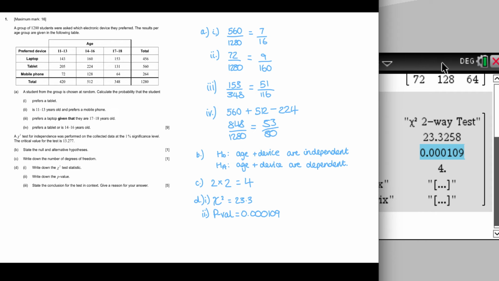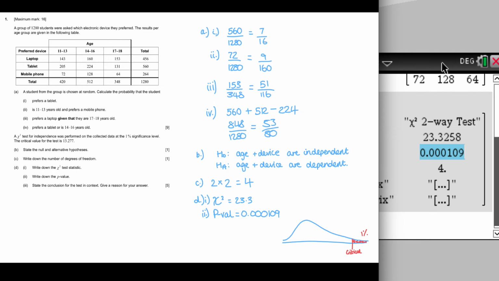And then lastly, I need to make a conclusion as to which hypothesis I'm going to take. If we imagine what this looks like, we have our chi-squared distribution, and your p-value, you're told, is 1%. So our p-value is telling us the area there, which is 1%, and that gives us our critical value.